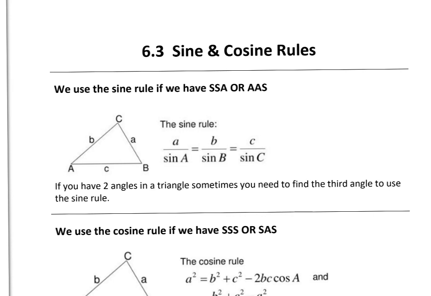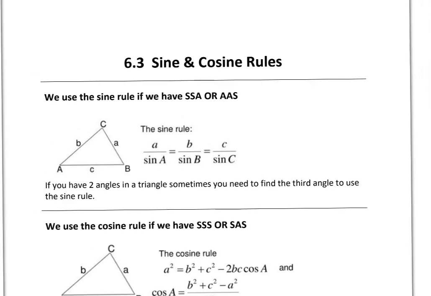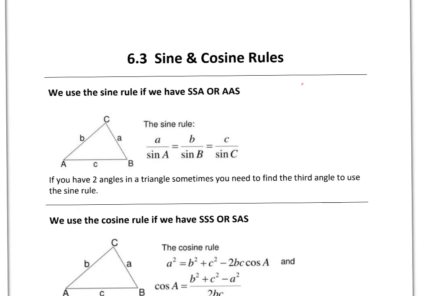For example, if we have a triangle like this one, with two sides, 7 centimeters and 9 centimeters, and this angle, which is opposite to 7, is 50 degrees. We need to find the angle which is opposite to 9, this x.